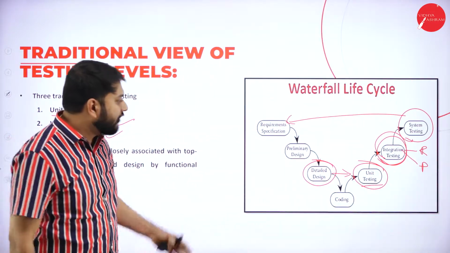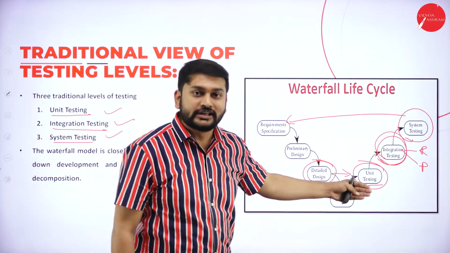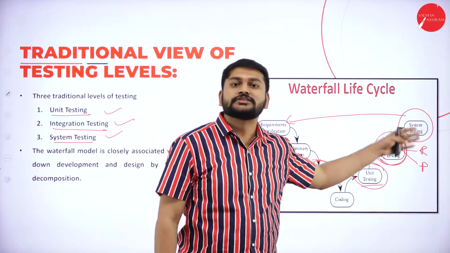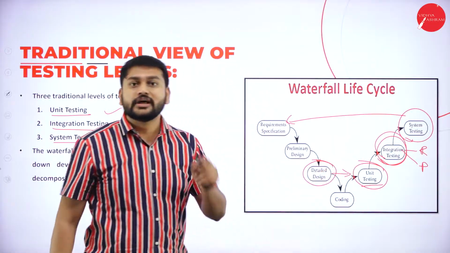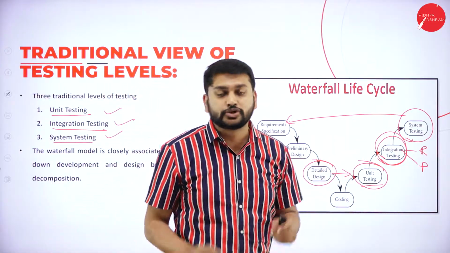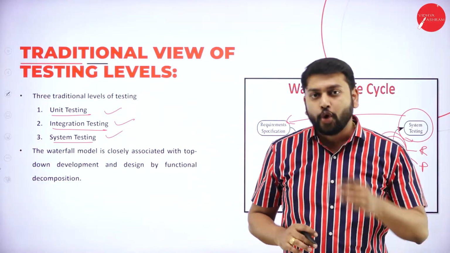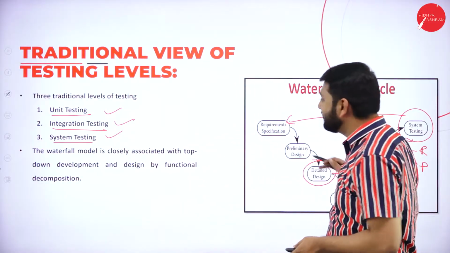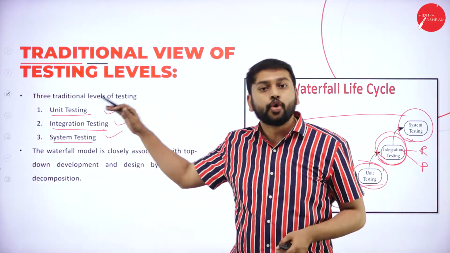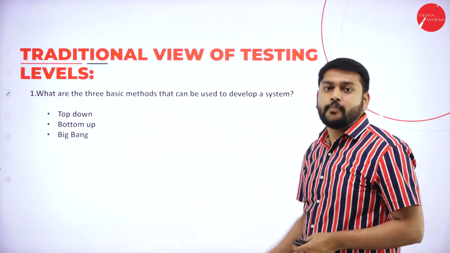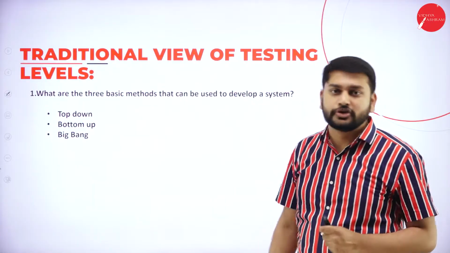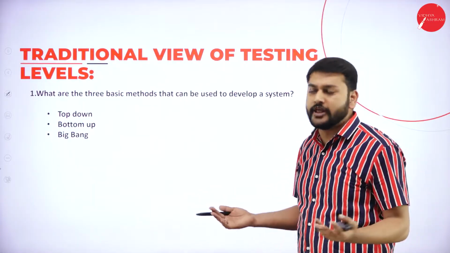So fine, now you have a clear idea about what is unit testing, what is integration and what is system testing, and how it is correlated with the waterfall model. That's what you need to understand here. So hope you got an idea how exactly these testing levels are correlated with the waterfall model. And please understand, it's a very important question that all of you should understand. So what is the question that I have then?